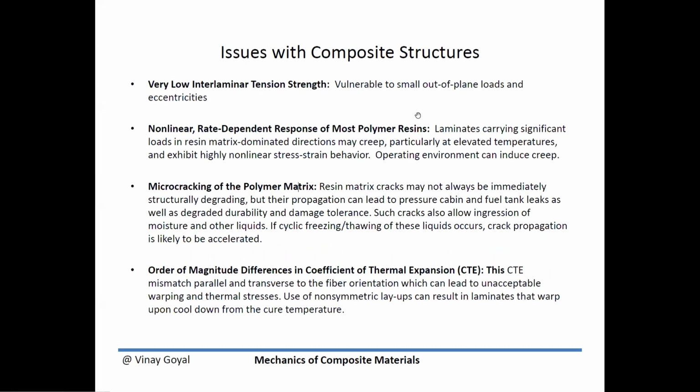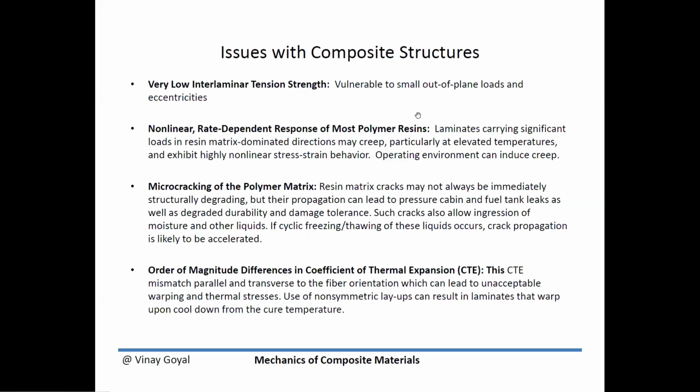But for example, I first want to talk about the issues with composite structures. One of the things that you see is that composite structures, unlike metals, will have a low interlaminar tension strength in general, of about, say, 3,000 psi to 8,000 psi, fairly low. And so if you have load eccentricities and out-of-plane loads, it could lead to some delaminations.